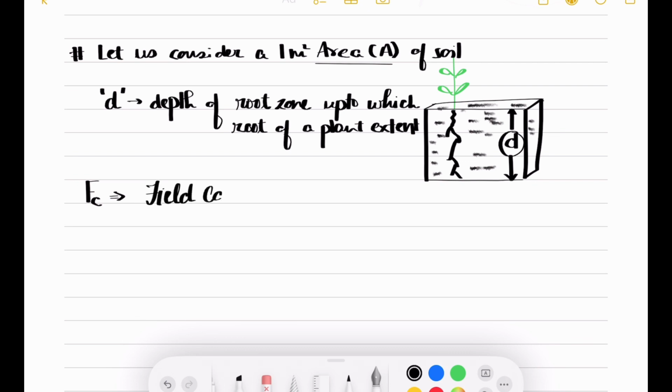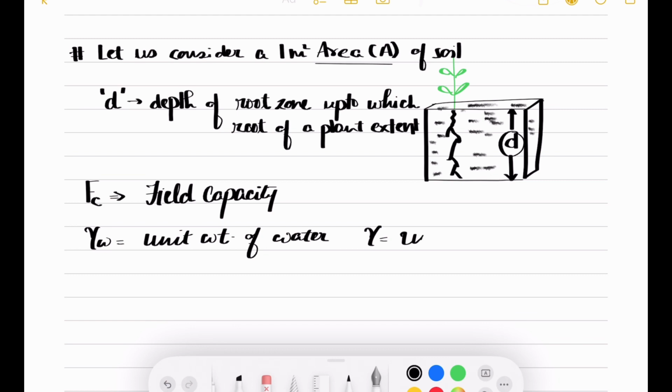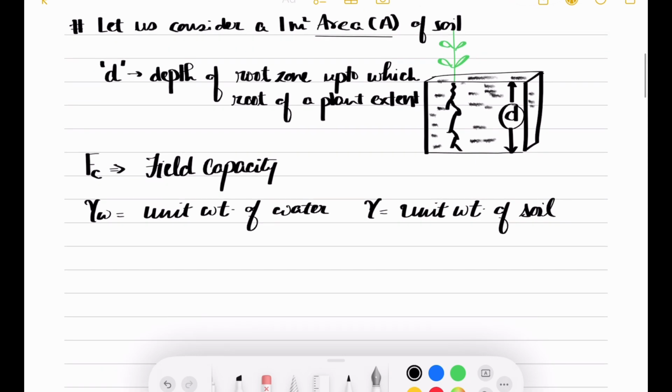Gamma W is the unit weight of water, and gamma is the unit weight of soil. The moisture in the soil extends to a depth dw.